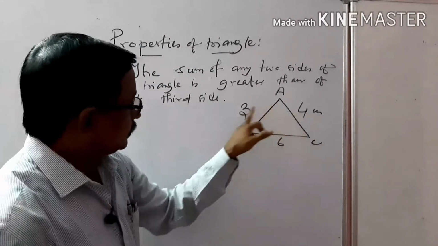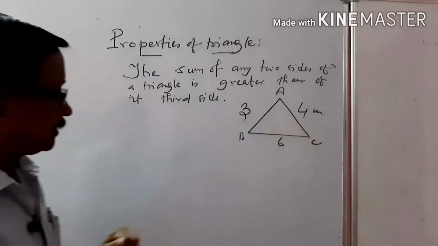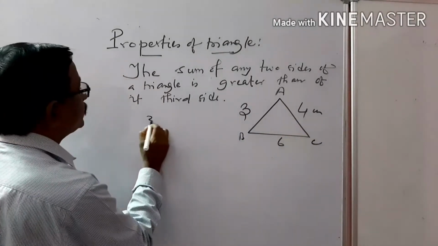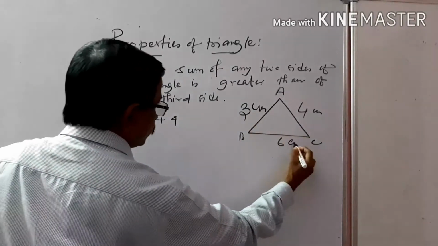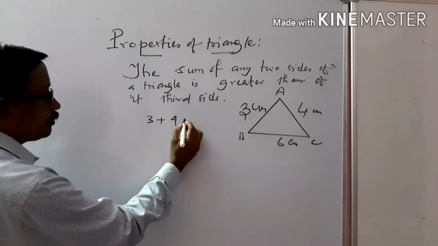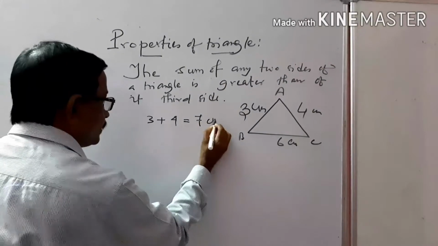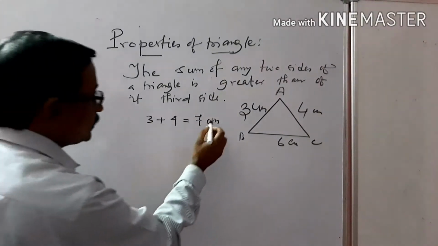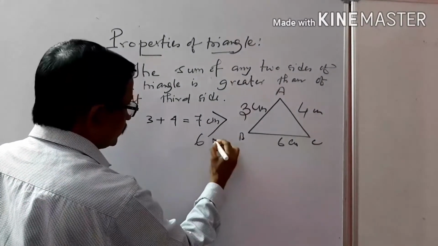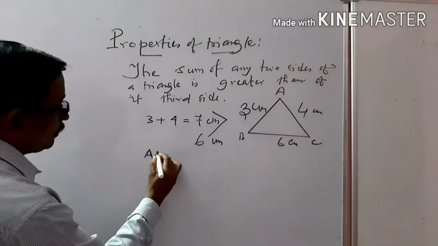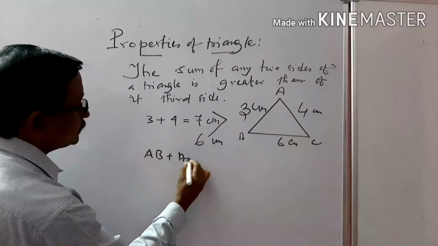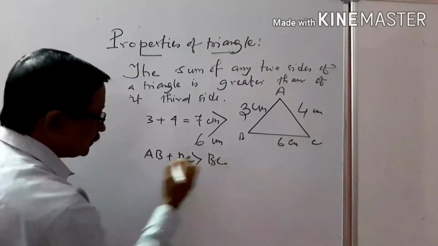Now if we check, 3 plus 4 is what? 3 plus 4 centimeter is 7 centimeter. So 7 centimeter is of course more than 6 centimeter. Means AB plus AC is greater than BC.